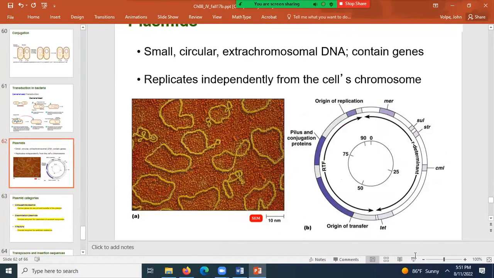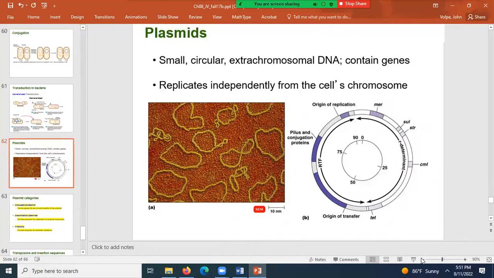All right. If there's no questions, let's talk a little bit about plasmids. Plasmids are small, circular, extrachromosomal DNA. They do contain genes, but how a chromosome differs from a plasmid is that a plasmid is very short. It only has a couple of genes on it, like 1, 2, 3, 4, 5, 6, maybe 7 genes.